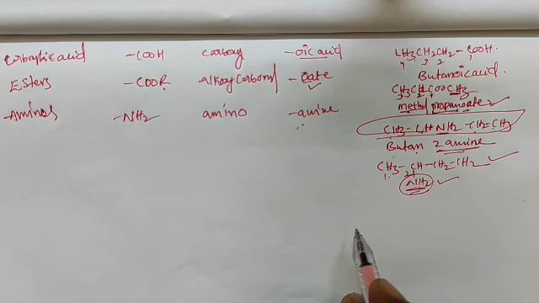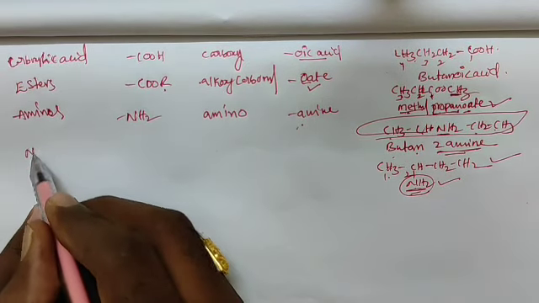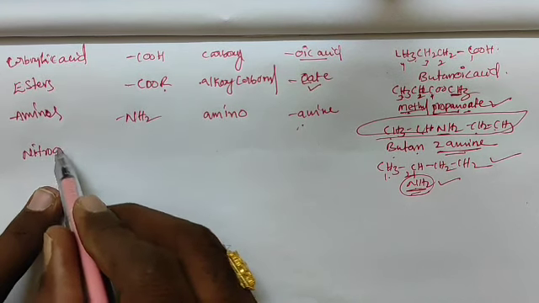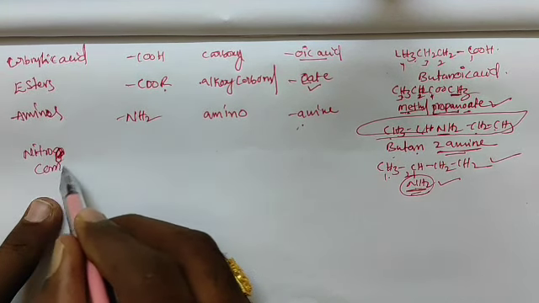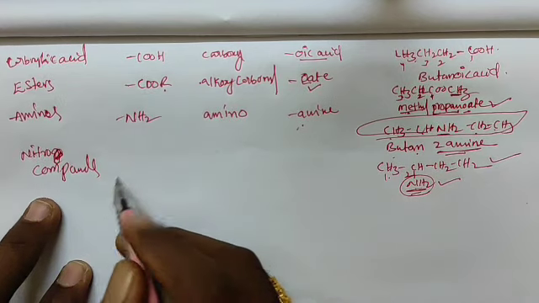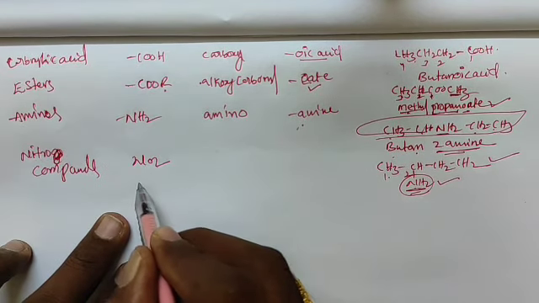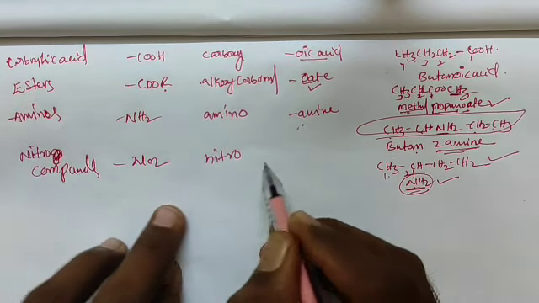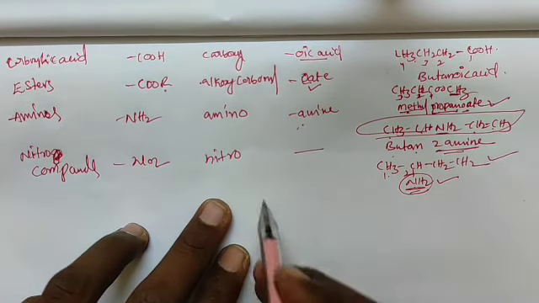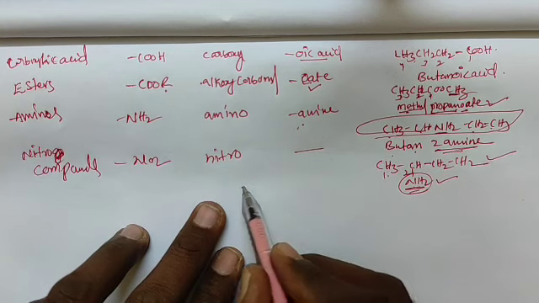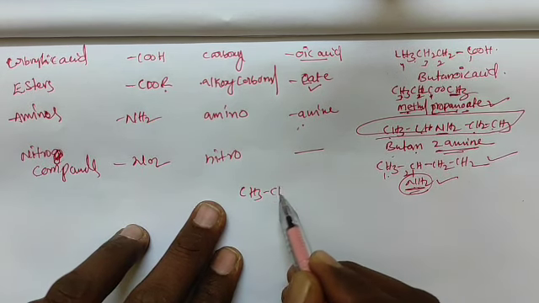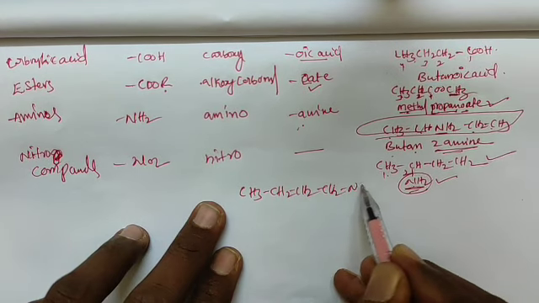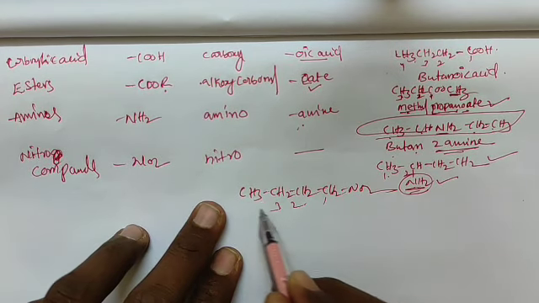Next, nitro compounds. Nitro compounds means the NO2 group. We take nitro only, with no suffix. Example: CH3 CH2 NO2. So 1 2 3 4 carbons.